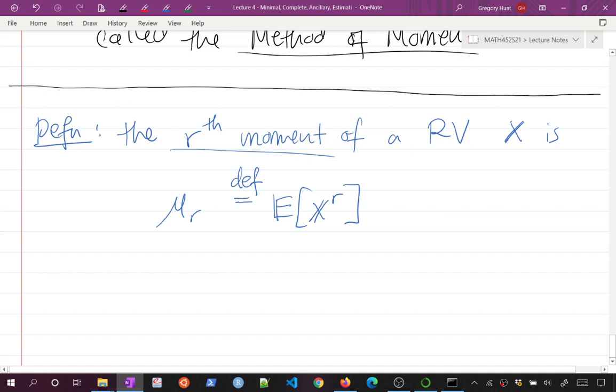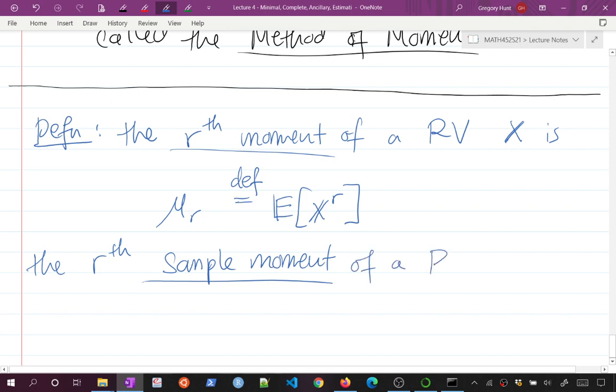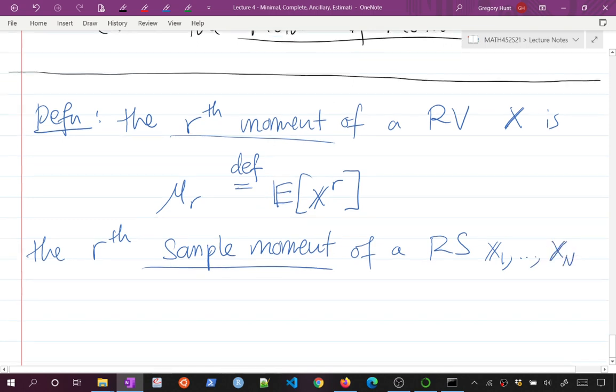We can also define the rth sample moment of a random sample, let's say x1 to xn.